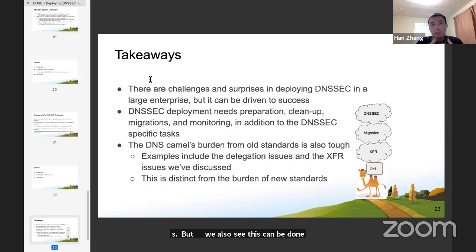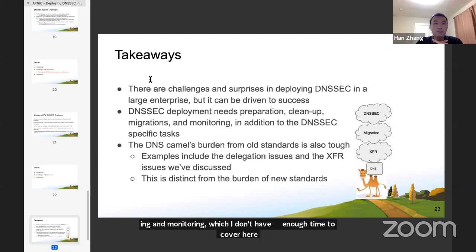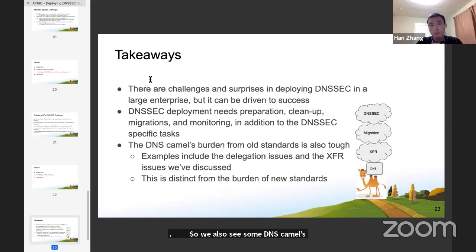Deploying DNSSEC requires some DNSSEC specific tasks, but it also requires preparation, migrations, testing and monitoring, which I don't have enough time to cover here. We also see some DNSSEC burden from old standards, like the delegation issues and XFR issues we have seen, but this is different from the burden from the new standards.